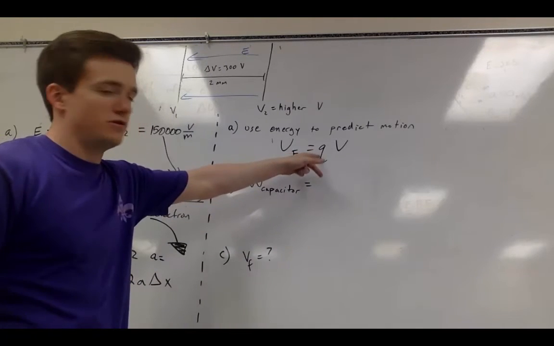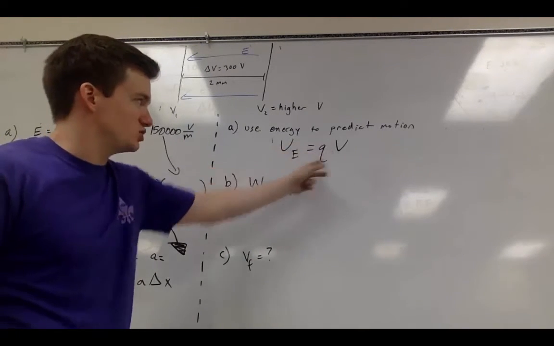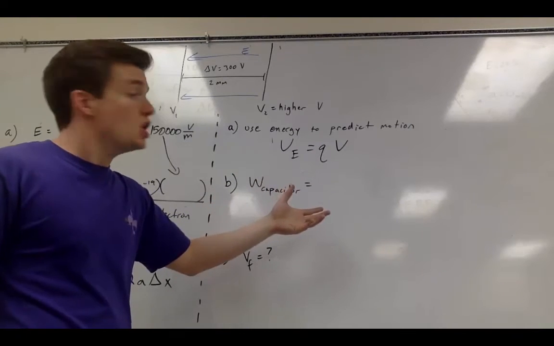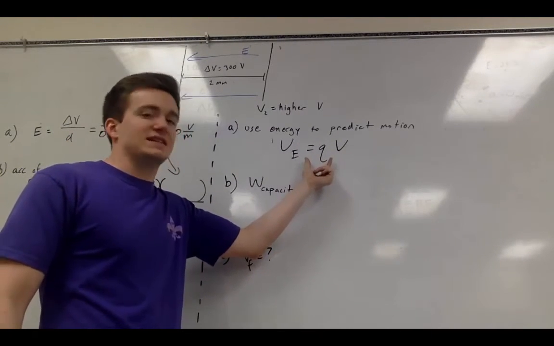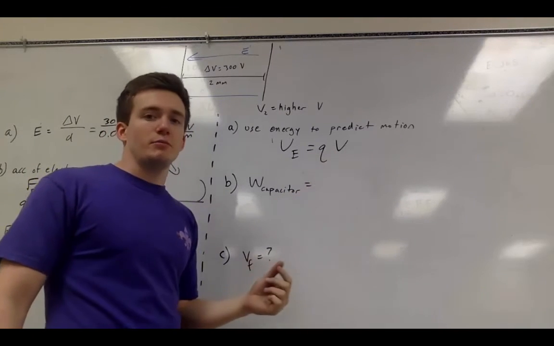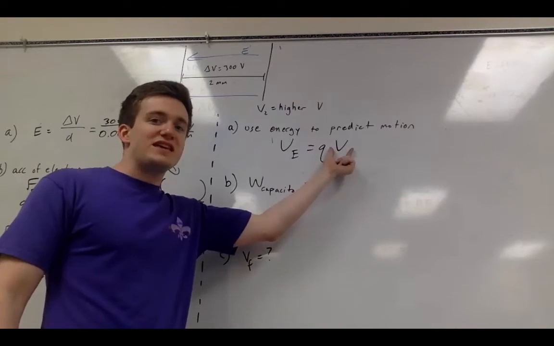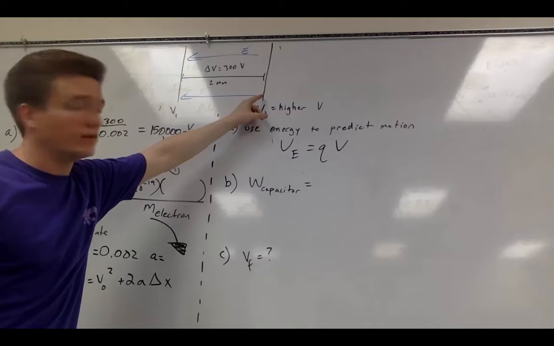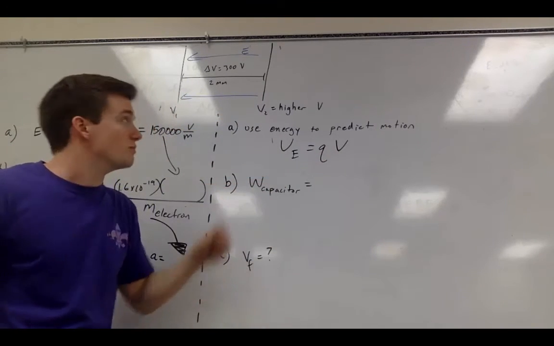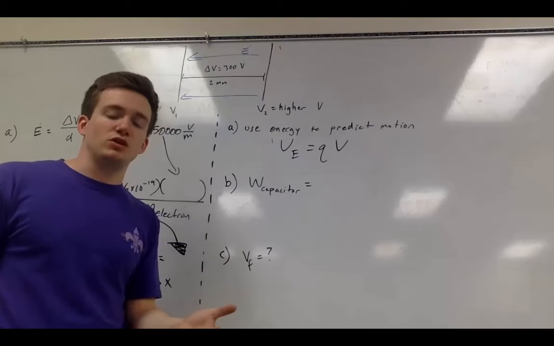Because remember, the things you plug into the formulas for potential energy, you plug in the negatives, which means that's going to be negative 1.6 times 10 to the minus 19 times a number. And the bigger that V gets, in other words, from here to something 300 volts bigger, the more negative the potential energy gets.